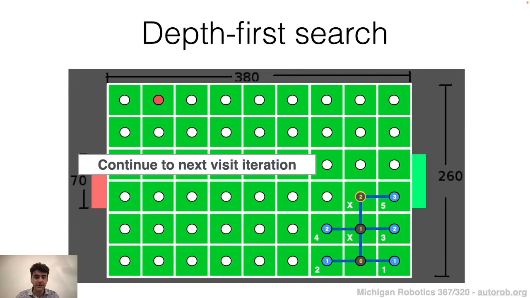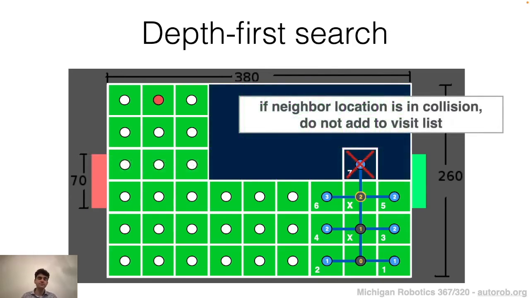So once again, it'll say, okay, currently we're visiting the second node marked X, and we're going to consider each of the adjacent neighbors to be in the visit list. But to make this problem more interesting, let's consider the case where there's actually a collision that could occur, as marked by the blue rectangle here. In the case of a collision, depth first search will identify that one of the neighboring nodes is invalid.